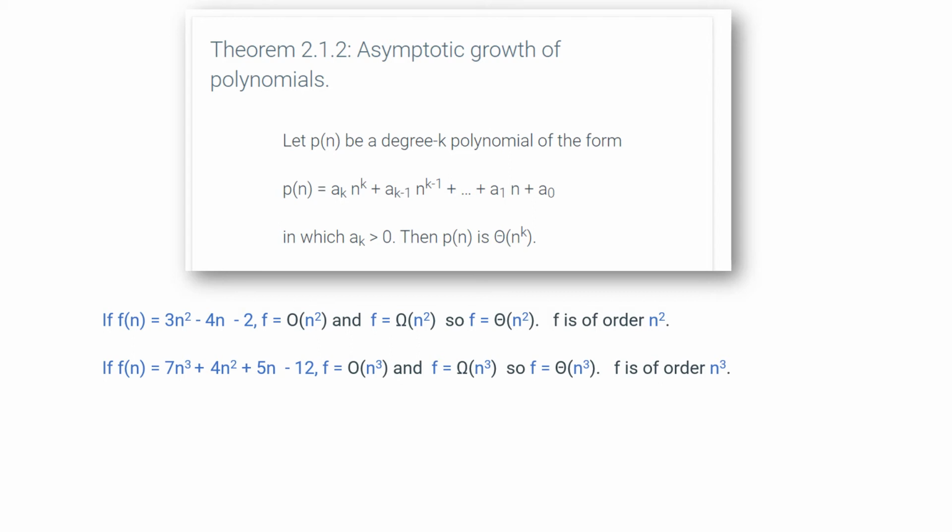It would also be omega of n to the third, so f is theta of n to the third, and we would say that f is of order n to the third. And here f is 3n plus 1, and we'll forgo the O and the omega because now we know that's true, and so we could jump straight to the theta and say f is theta of n. And here we would say f is theta of n to the third.